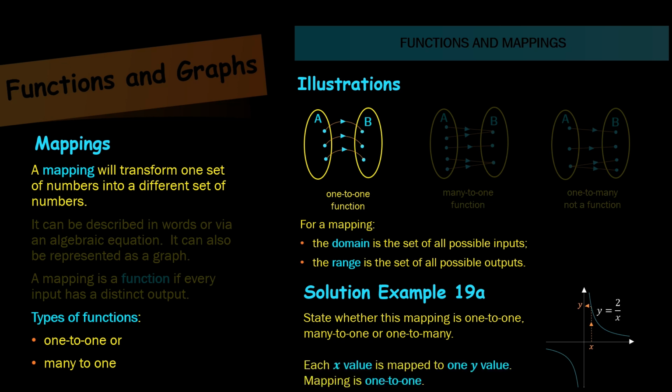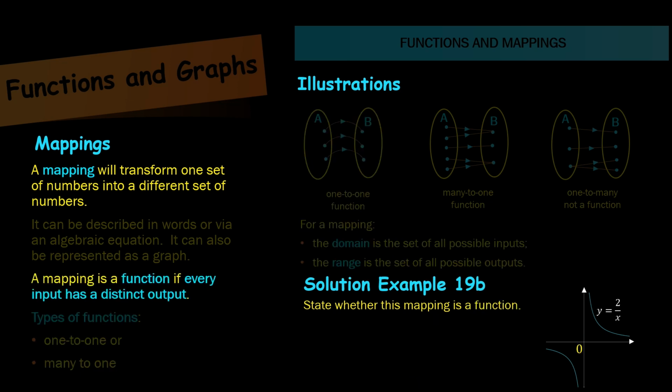Now let's solve part B. We are required to state whether this mapping is a function. Let's again recall the definition of a function. A mapping is a function if every input has a distinct output. However, if we consider 0, we know that it's not mapped anywhere because 2 over x, or 2 over 0, does not make sense.